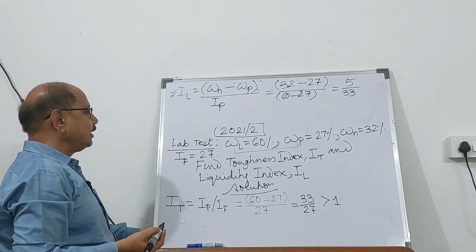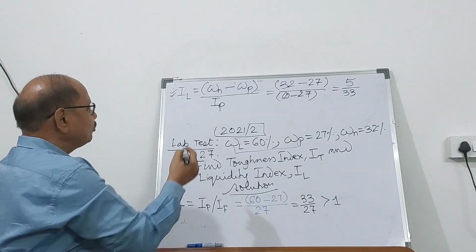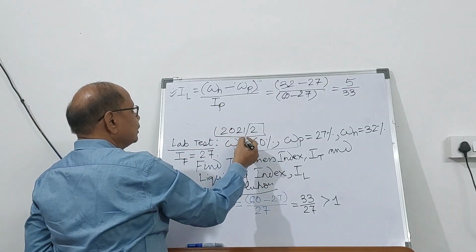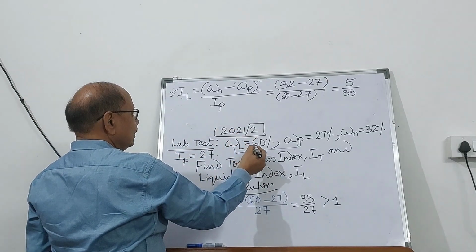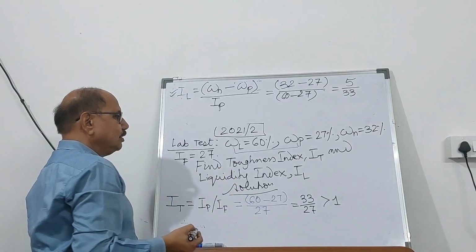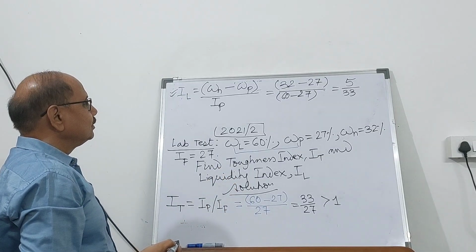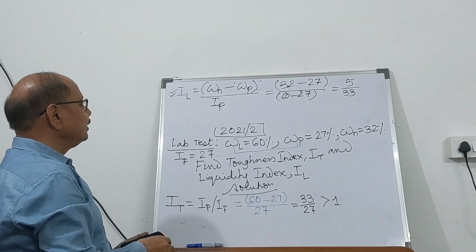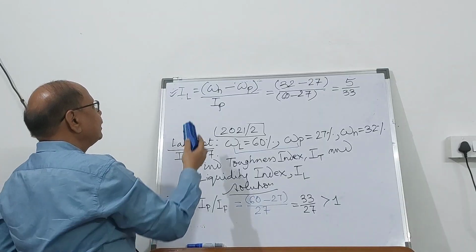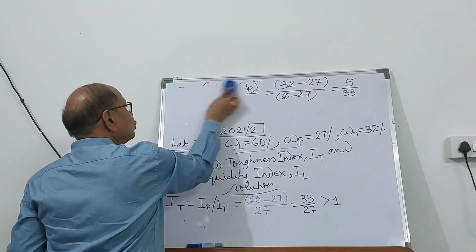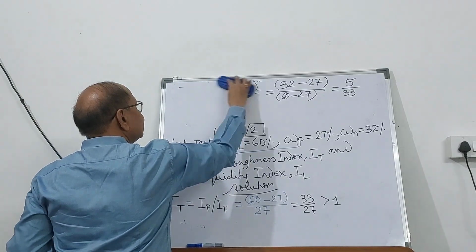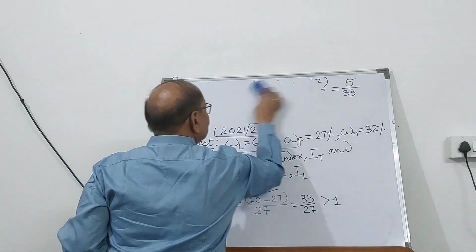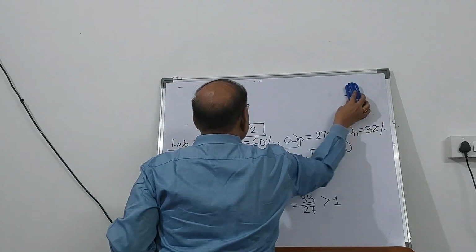So for liquidity index, if natural moisture content is very near to liquid limit, then the value of liquidity index will be higher, and that shows the condition that it is very near to the liquid limit.